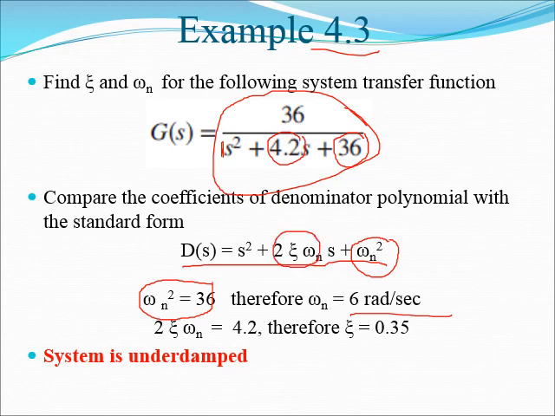So 2 zeta omega n is equal to 4.2. We have found omega n equal to 6 radian per second. So zeta is 4.2 over 6 into 2, which gives us zeta equal to 0.35.